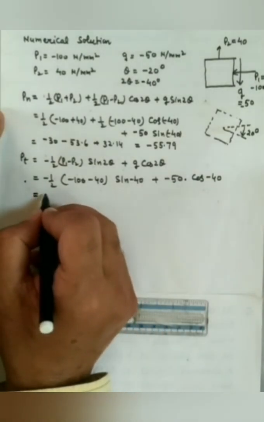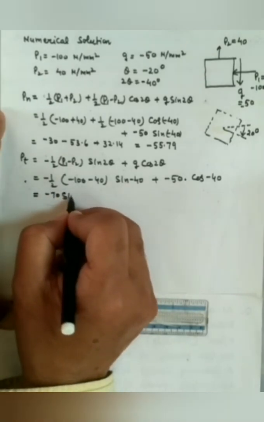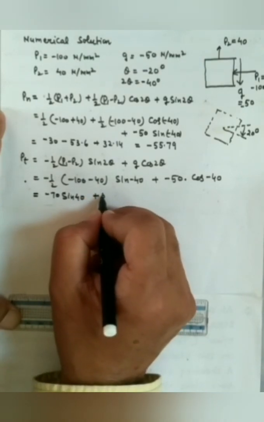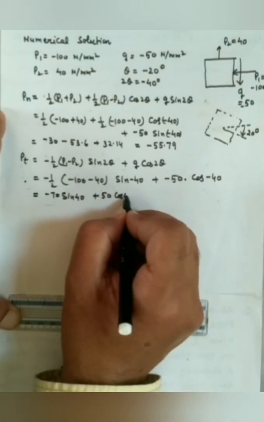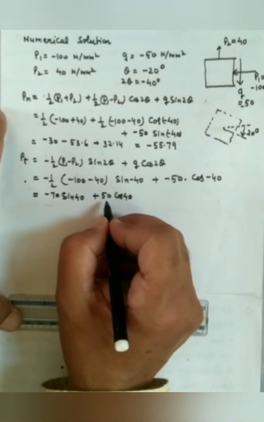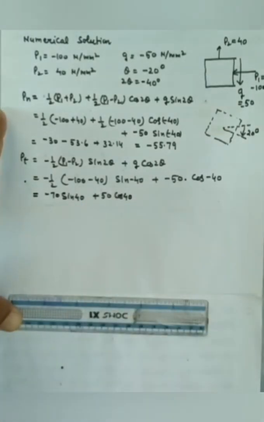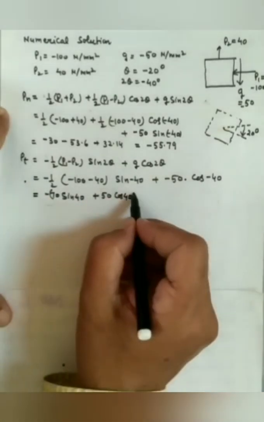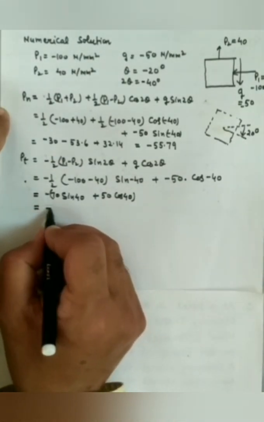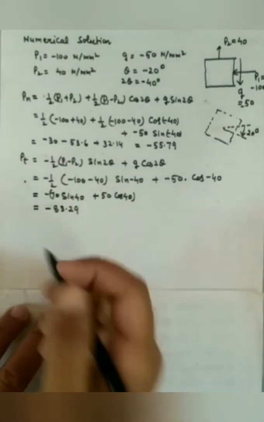Simplifying, we get 140 by 2, minus 70 sine 40, minus 50 cos 40, minus minus becomes plus 50 cos 40 within brackets. So simplifying and calculating values for sine 40 and cos 40, we get the value of Pt equal to 83.29.